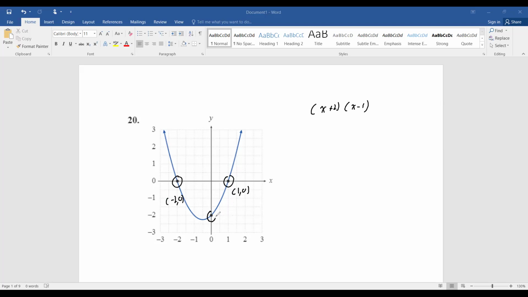Then I'm given this coordinate right here, which would be 0, comma, negative 2. You can call this your x and your y. All right, so what we're going to do is form an equation. So this would be f of x equals this guy times a random a.